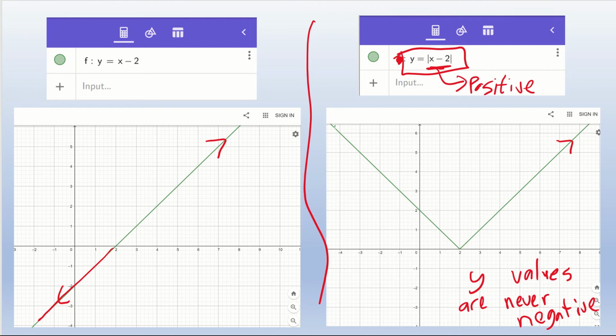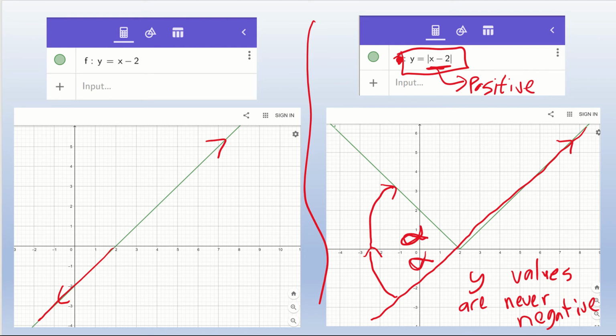Just one more thing to be aware of. If I was to extend this line all the way down, and if I was to compare it to the line that's gone all the way up here, it's actually reflected in the same angle. So like the angle from here to here, let's just call that alpha for now, is going to be the same as the angle from here to here, which is alpha.